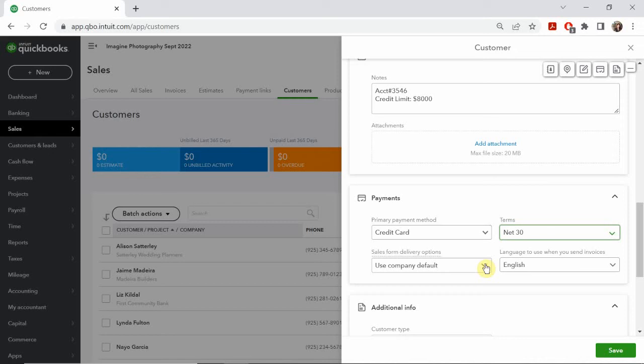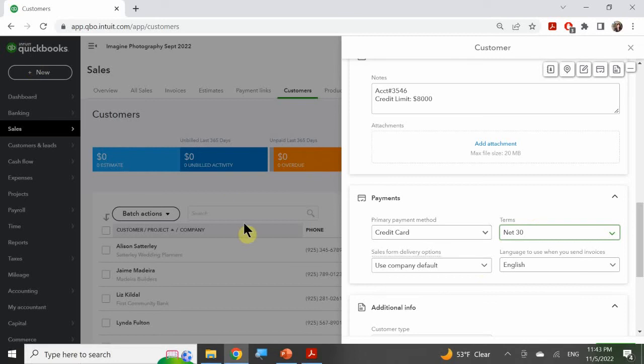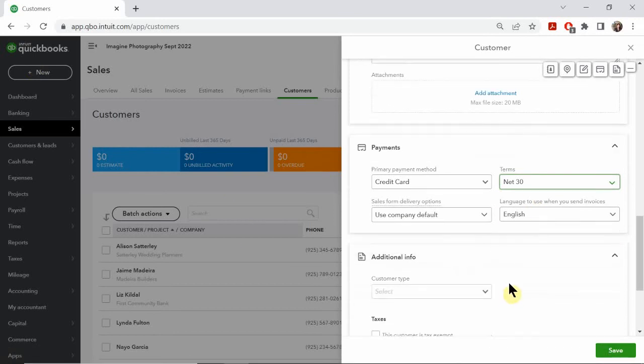You can have your sales forms converted into the language that applies to that customer, so it feels a little more personal, right? So in this case, you can designate a specific language for that. In this case, we just put default settings as English.